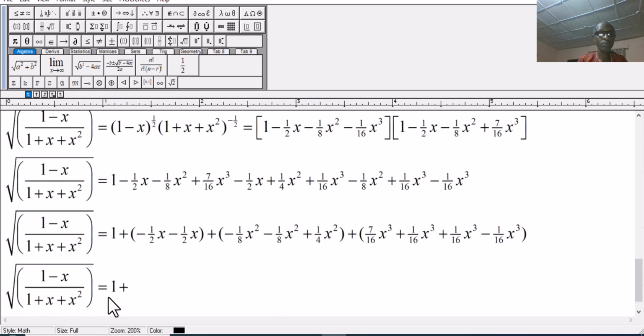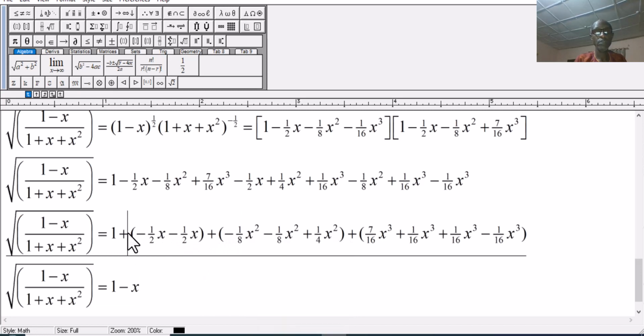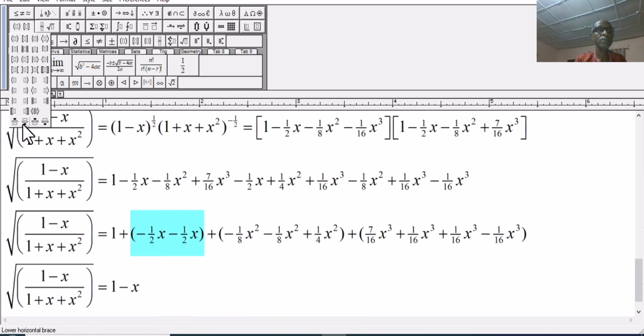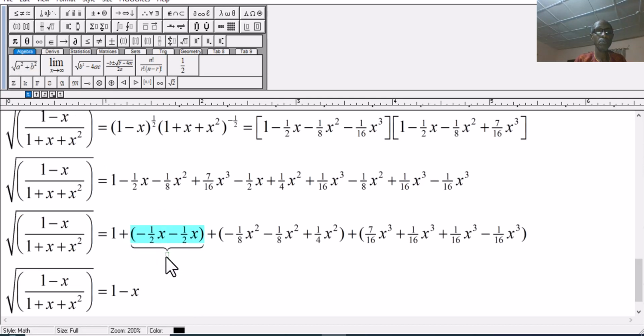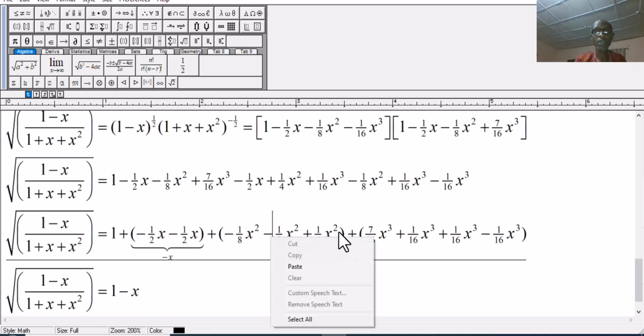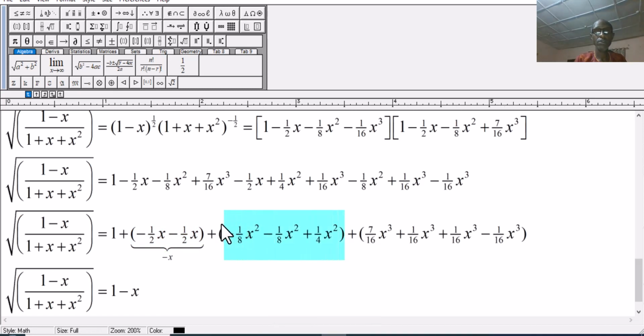So 1, this and this will give me minus x. Everything here will go to 0. Everything here. Okay, let's, for the sake of our class, so this one becomes minus x. And then everything here goes to 0.